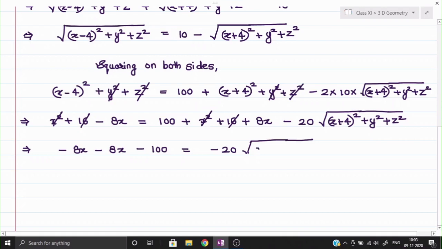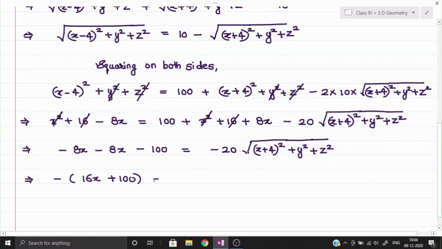So we can write down this one as (x plus 4) whole power 2 plus y square plus z square. Now minus sign we will take common from the LHS as well as the RHS, and this will become 16x plus 100 is equal to, we can do one thing, we can take some more terms common.